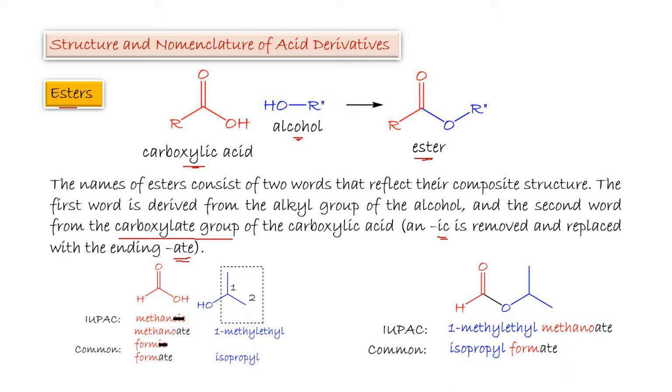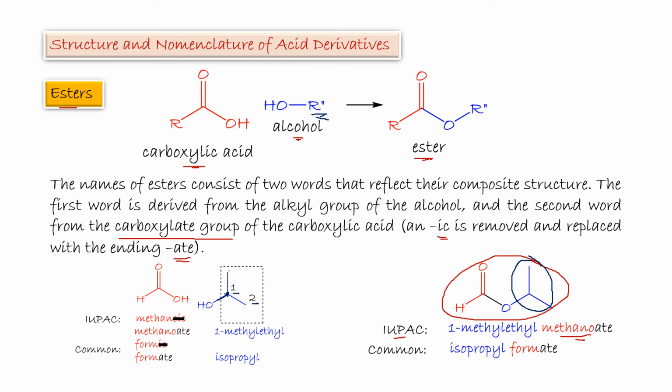What is the name of this compound? With IUPAC, it is 1-methyl ethyl methanoate. Remember that this part comes from the alcohol. And according to IUPAC, to name this as a group, this will be number 1 and this is number 2.